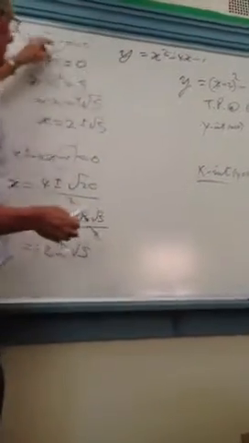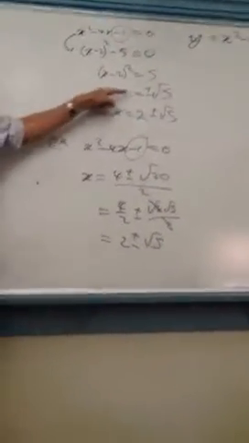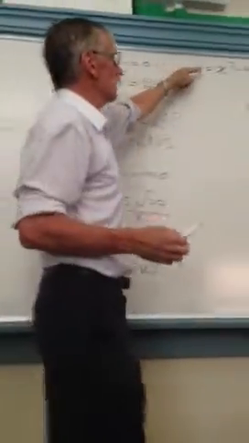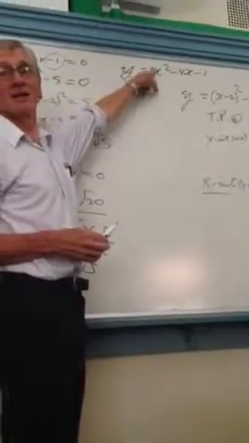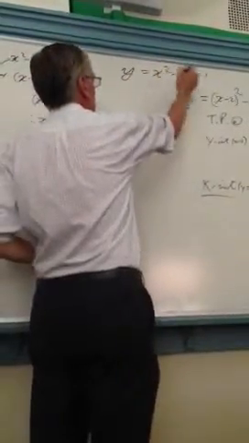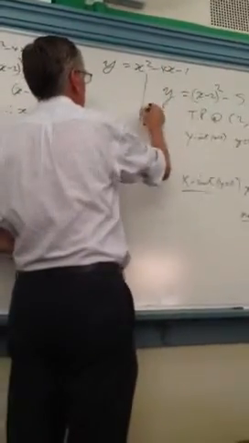It becomes a bit messy here because of these square roots. How do you change it into turning point form? Complete the square. So you start off, you do that, and you write it down here somewhere.